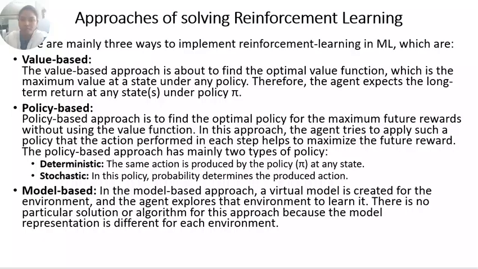In this approach, the agent tries to apply such a policy that the action performed in each step helps to maximize the future reward. We distinguish the policy based approach into two categories, deterministic policy and stochastic policy. In the deterministic policy, the same action is produced by the policy at a given state. And in the stochastic policy, probability determines the produced action.